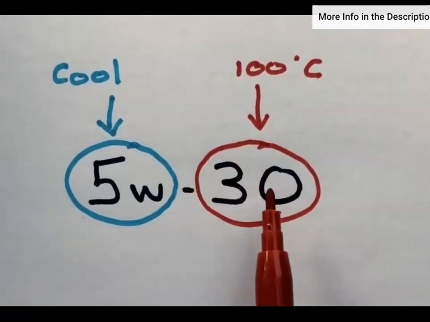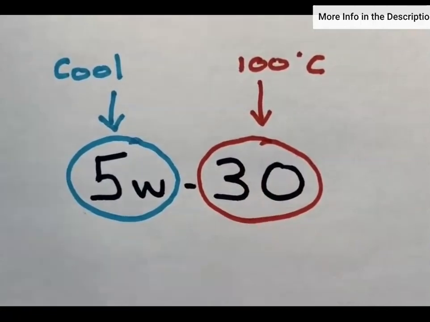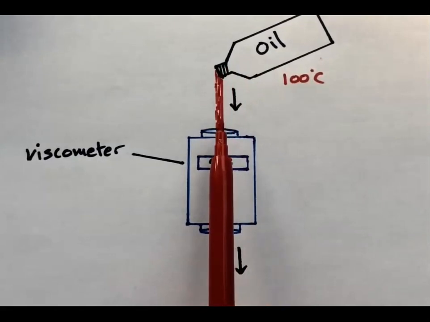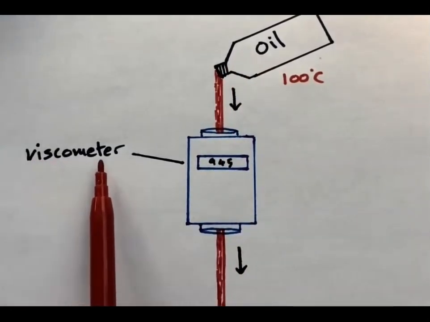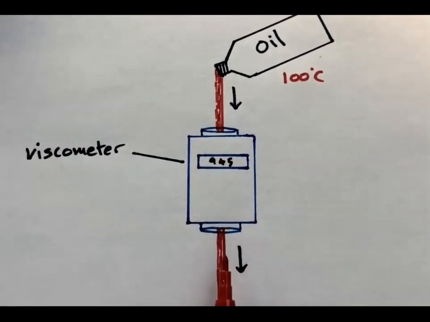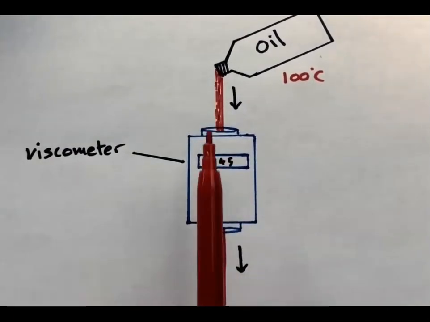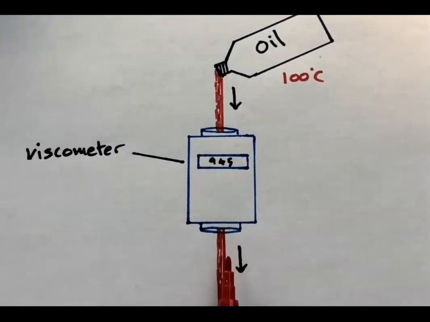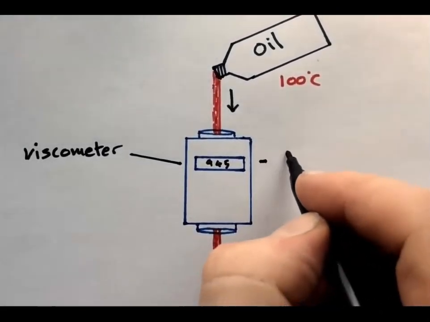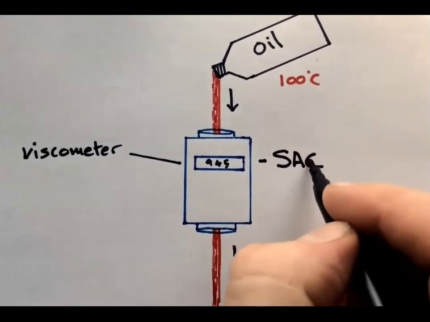So let's have a look at this number first, and now we get to this figure of 30. So in order to get this oil heated to 100 degrees centigrade, it's passed through what we call a viscometer. When it enters the viscometer and runs straight through, it's timed, and depending on how quickly it runs through, a reading is given. And that reading relates to its SAE number.